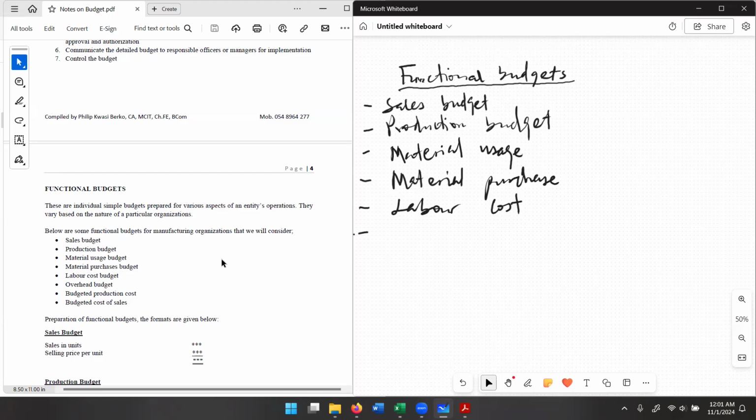So you need to appraise yourself with the formats before you'll be able to handle this kind of budget. You need to know the format before you can handle such budgets.